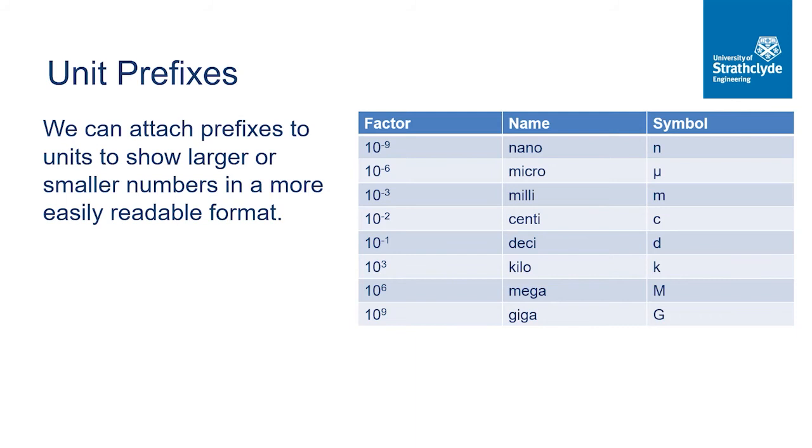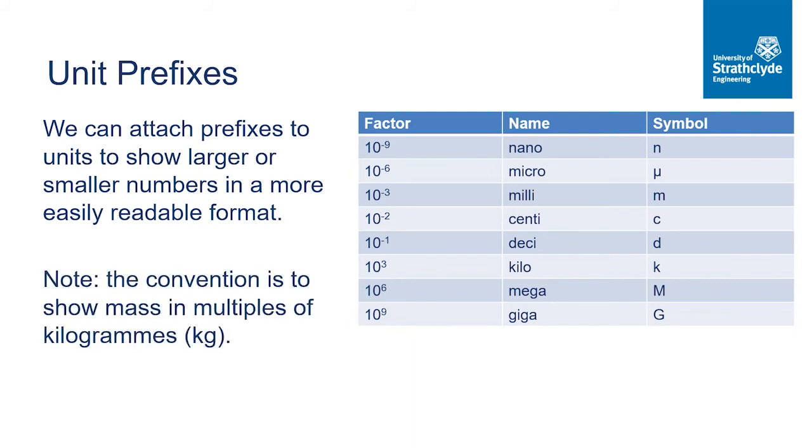Now, just note that the convention is to show mass in multiples of kilograms. Otherwise, the base unit, if you will, is 10 to the power 0, and you can see there's no option for 10 to the power 0 between these two points here, because that would just be the base unit.